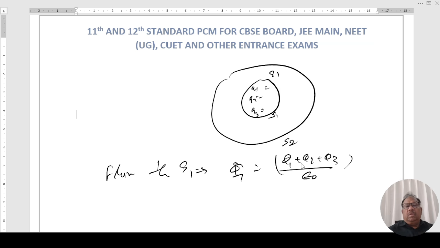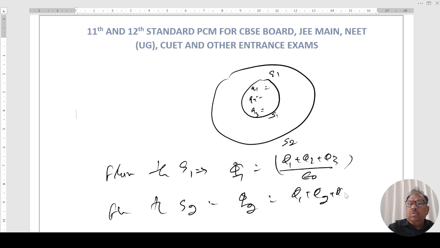And the flux through S2, phi 2, will be equal to Q1 plus Q2 plus Q3 plus Q divided by epsilon naught. This is Q, basically the total inside, right?